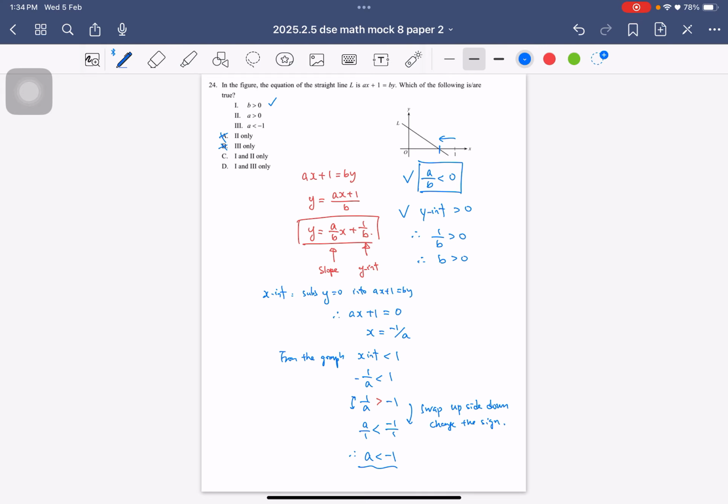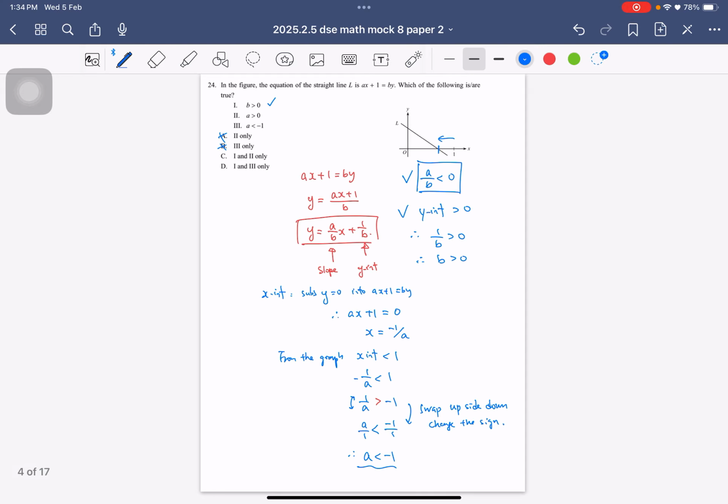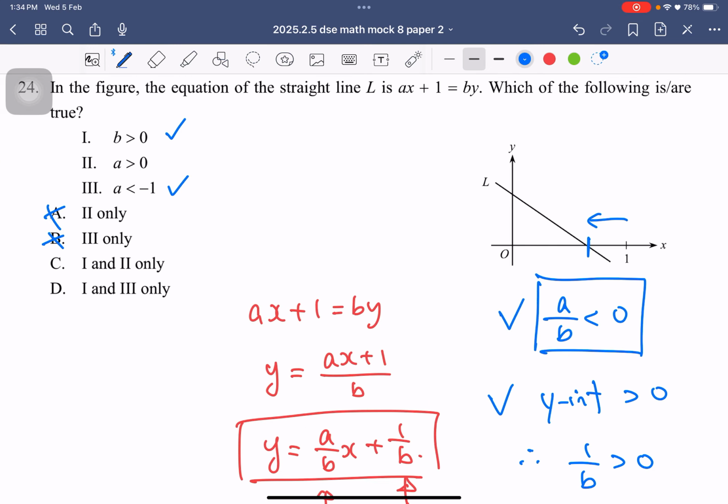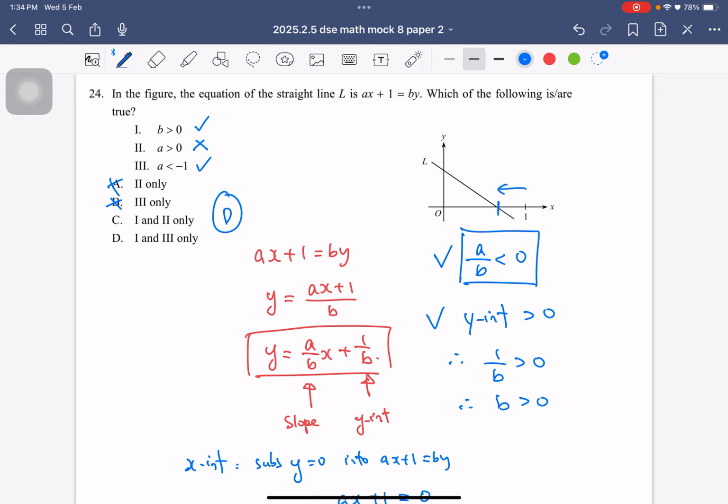So now we can say that 3 must be correct. If a is smaller than negative 1, it means a is a negative number, so the second one must be wrong. So the answer is going to be D. Okay, it's a little bit hard, but it's a very good exercise to practice the straight line equations concept. Make sure you understand each step.